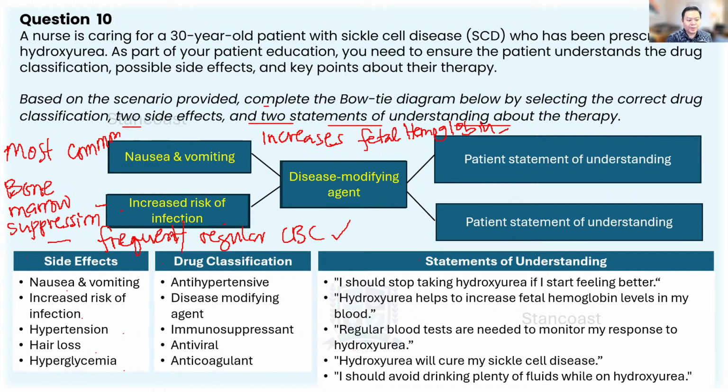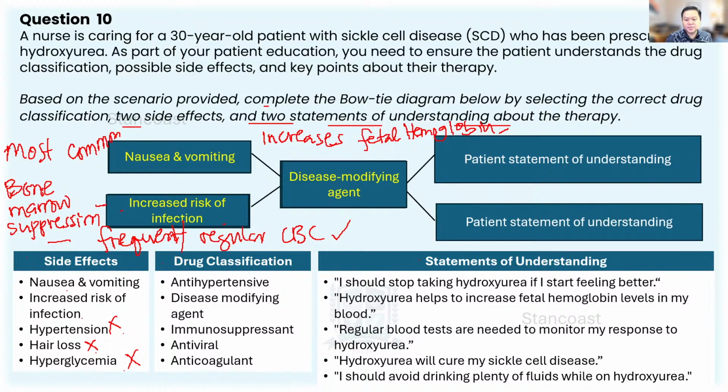What about hyperglycemia? Increase blood sugar level. That is also incorrect, and it is not a typical side effect of hydroxyurea. Hair loss, hypertension, hyperglycemia aren't known side effects per literature.